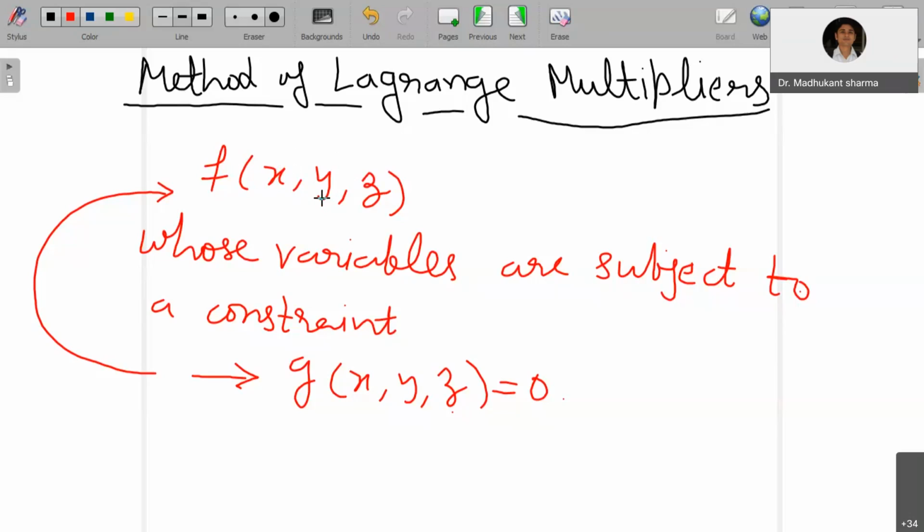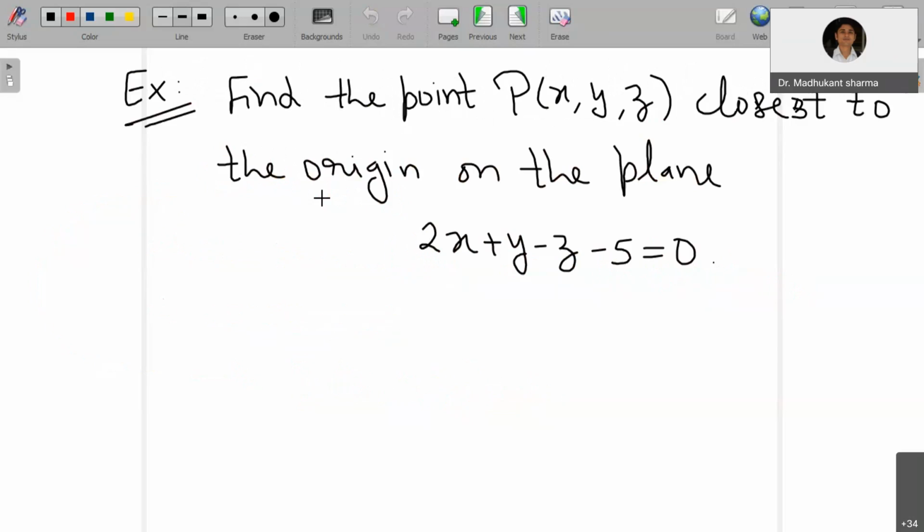We will try to understand that substitution will not work all the time, so let's work out one example.